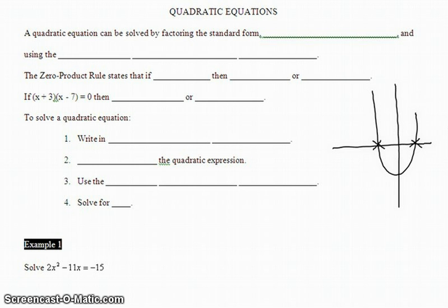Where is that going to happen? We can do that if we have our equation in standard form, which is ax squared plus bx plus c equal to 0. And then we're going to use something called the zero product rule.